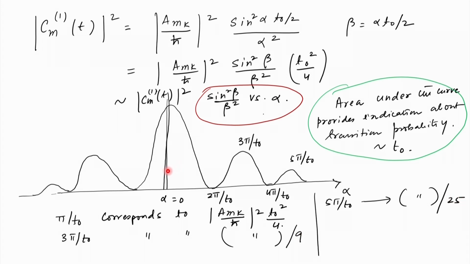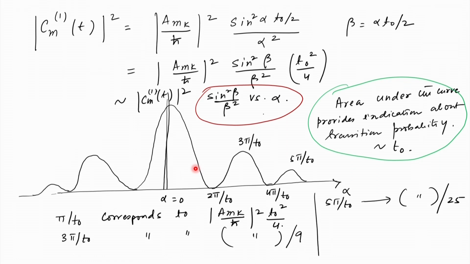So, they are not as important as this, and because of this, close to resonance, we can replace it by a delta function, okay, with a width which is very small, and that width of course we will talk about.